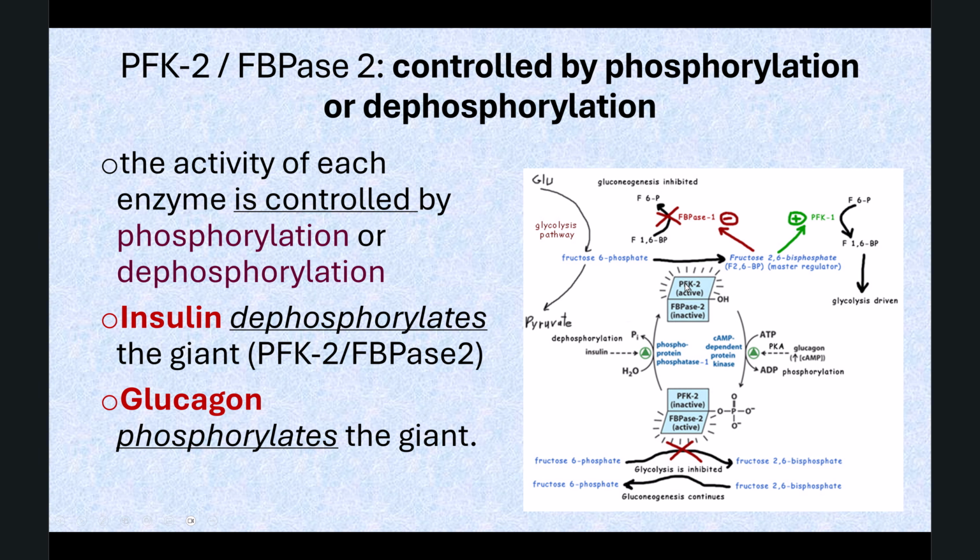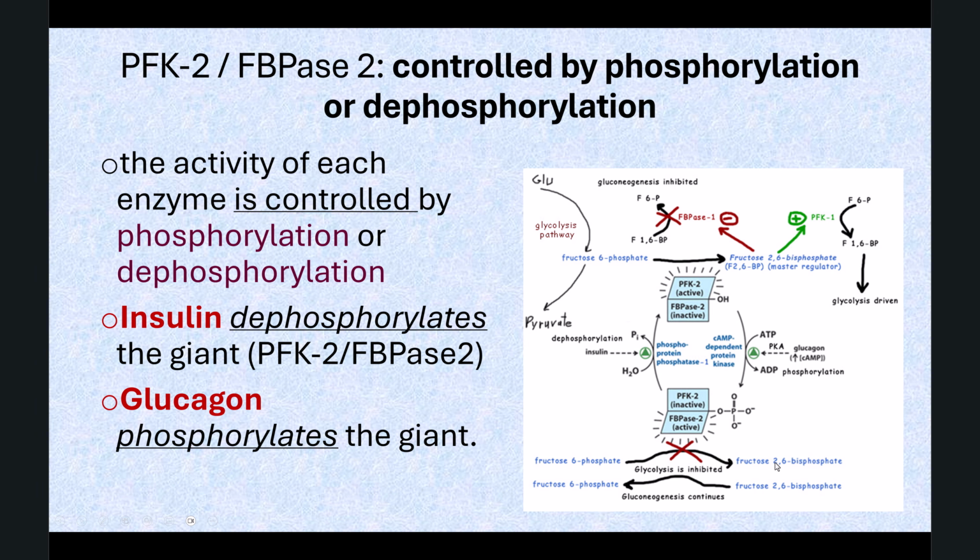We're not talking about PFK2 being active, because we have glucagon around, and glucagon is going to stick a phosphate on there, so it's going to activate this one. And you could activate that one and deactivate that one, but this is the way the author drew this thing. And again, with FBPase2 active, what happens? You don't make any more fructose 2,6-bisphosphate.